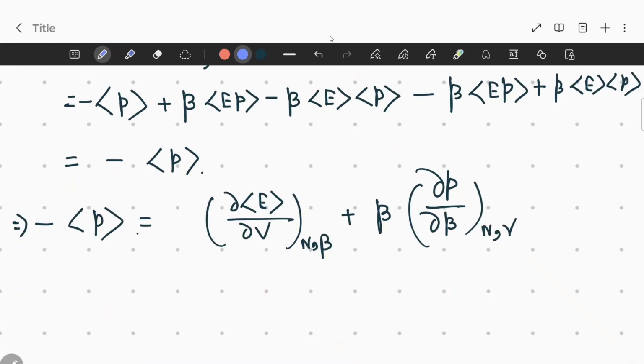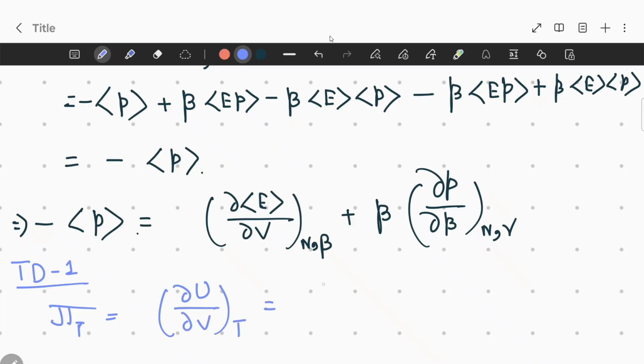Now, can you remember the thermodynamic equation of state? What was that? Pi T, that was our internal pressure, equals del U del V at constant T, right?